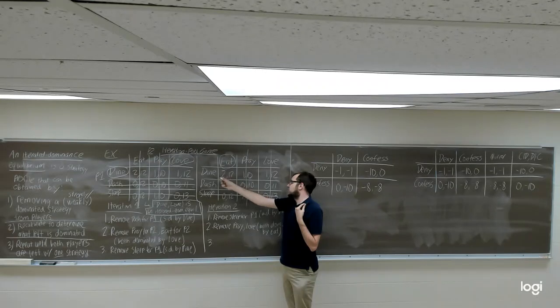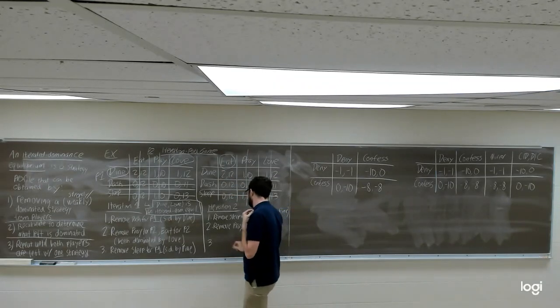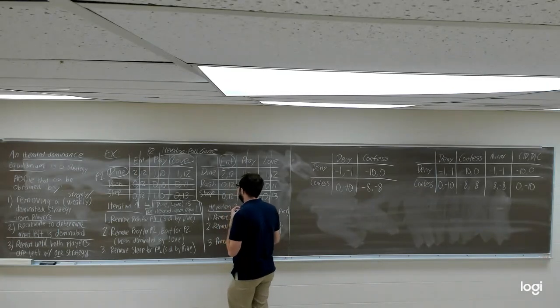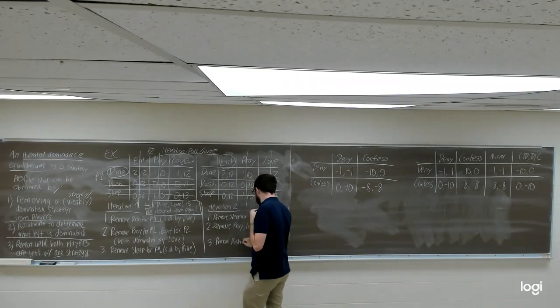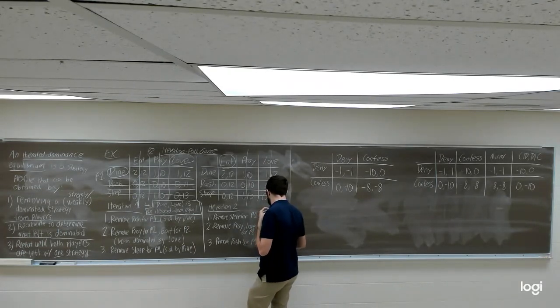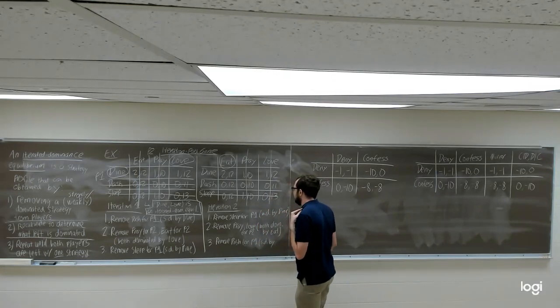And dining gets them 2, dash is going to get them 0. So we're going to remove dash, excuse me, forgot to mention this is for player 1. We're going to remove dash for player 1 because it is strongly dominated by dine.